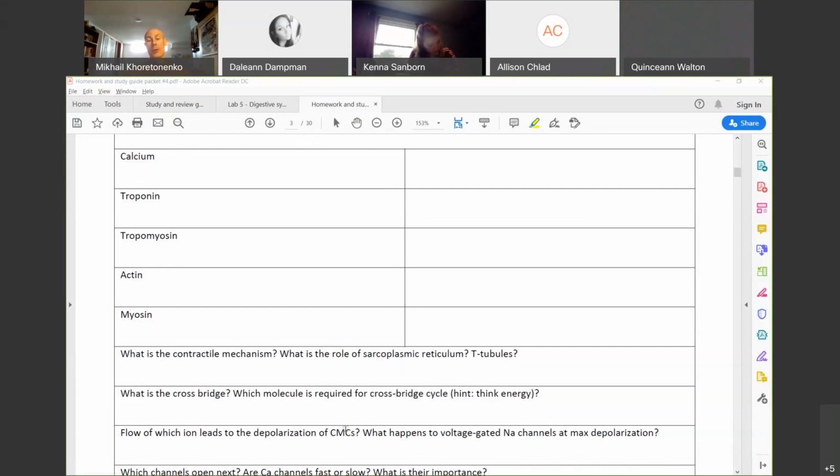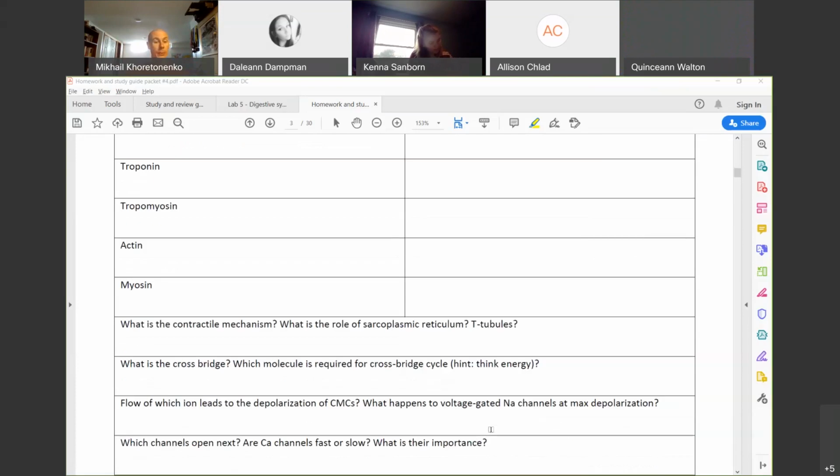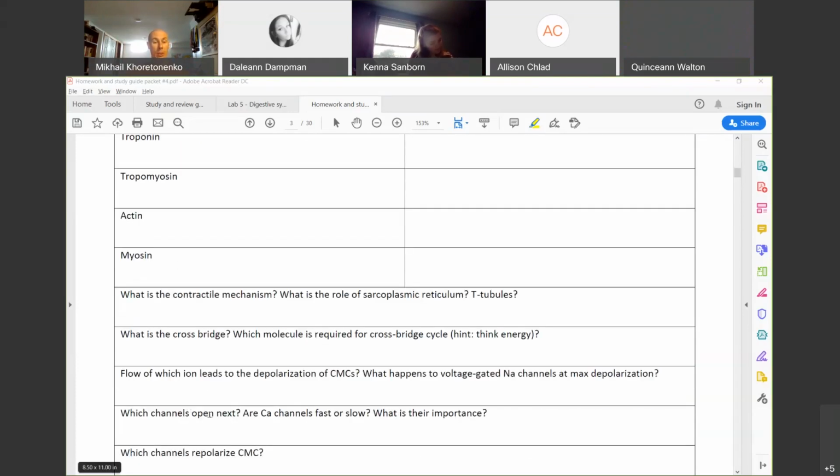So depolarization of cardiomyocytes, sodium. At max depolarization, voltage-gated sodium channels close. Potassium and calcium channels open. Calcium channels are slow, but since calcium flows into the cell, they allow maintaining depolarization for a while, maintaining the plateau, maintaining cardiomyocytes in the contractile state, and that makes the heart contract for a longer time.